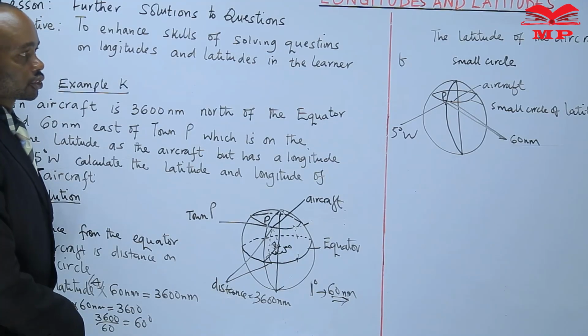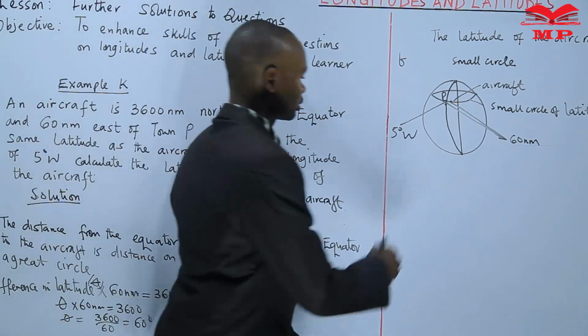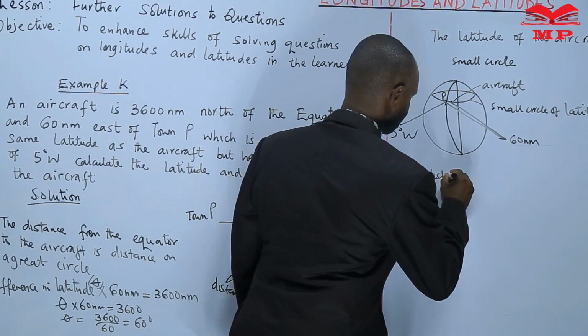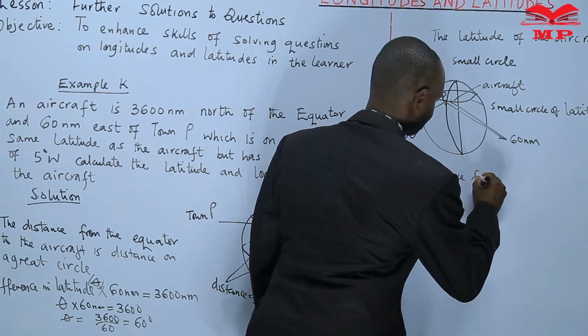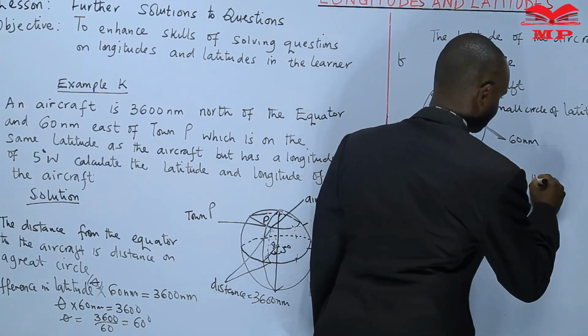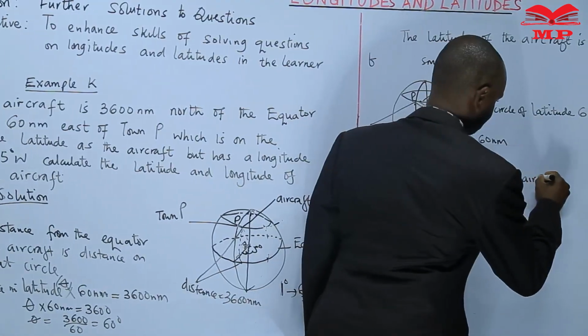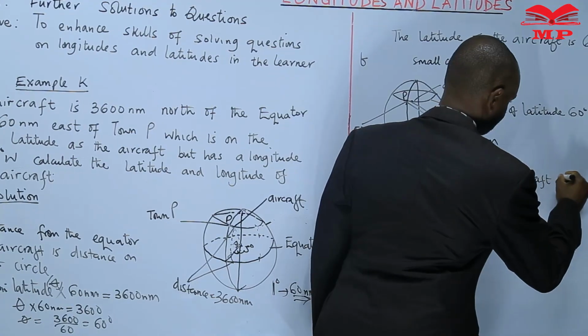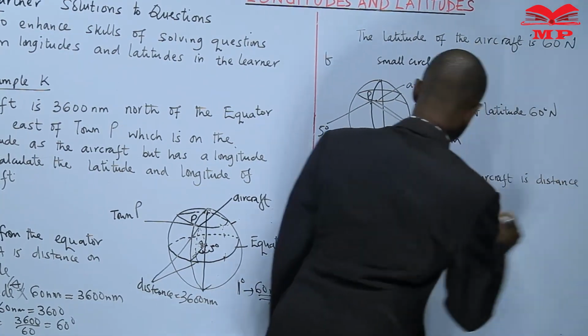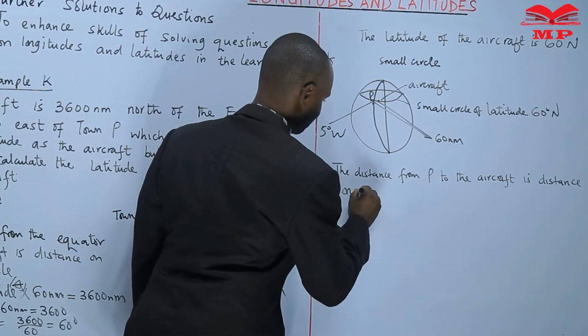So the distance from P to the aircraft is distance on a small circle.